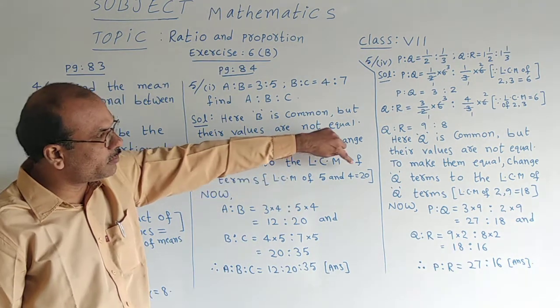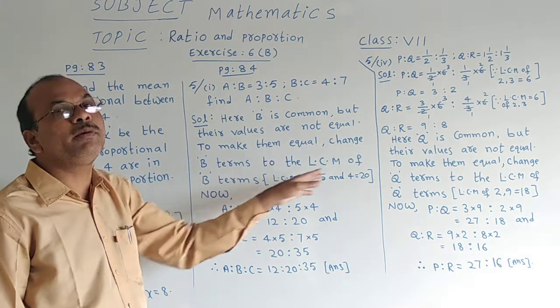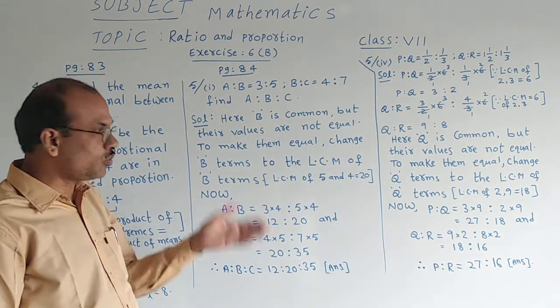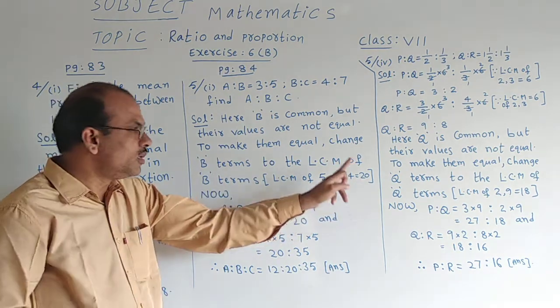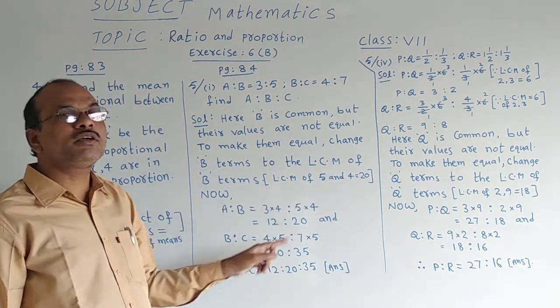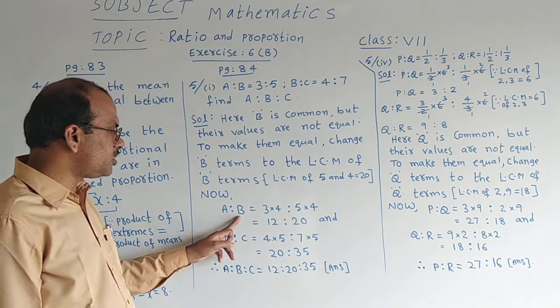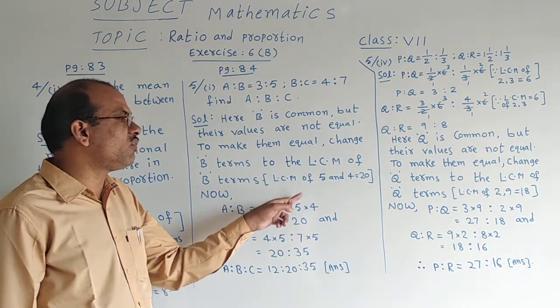This 20 is nothing but the LCM of our B terms. Am I correct? So our target is the LCM of the B terms, and that much only the B term should be changed. So B changed to 20 with 5 fours are 20.